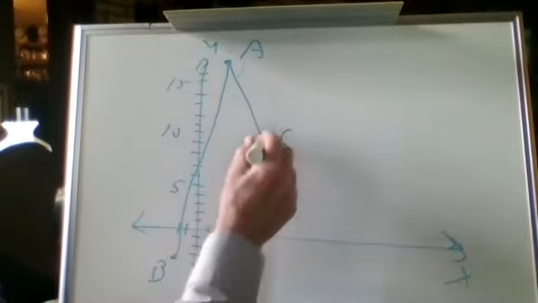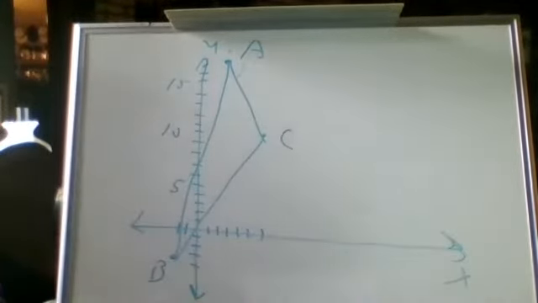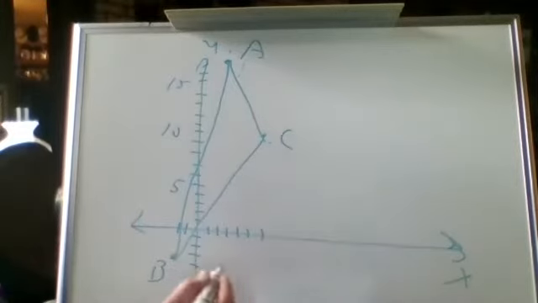So if you want to draw the triangle, this is my rough triangle, okay? Triangle ABC. All right, 19 says write the equation of the line containing the altitude of segment BC. Well, this is segment BC. So the altitude would have to be perpendicular to BC, right?